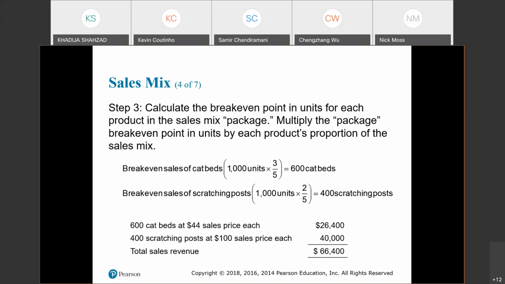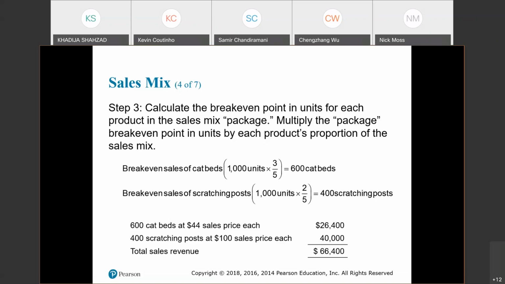So lastly, the last step is to calculate the break-even points in units for each product in the sales mix package. We just multiply the package break-even points in units by each product's proportion of the sales mix.